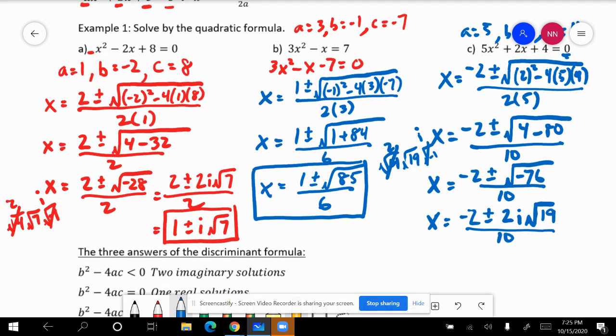When we simplify this, we see that we have a 2 in common. And so our final answer is negative 1 plus or minus i square root of 19, all over 5. We're dividing each of them by 2.